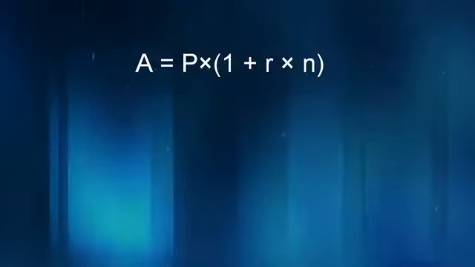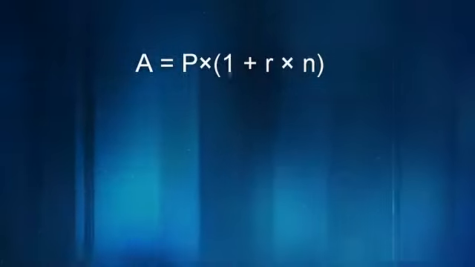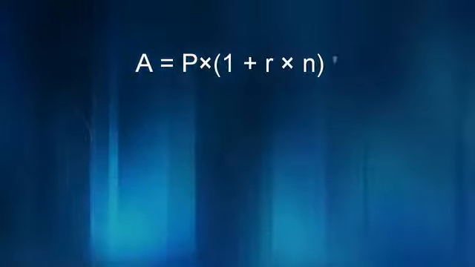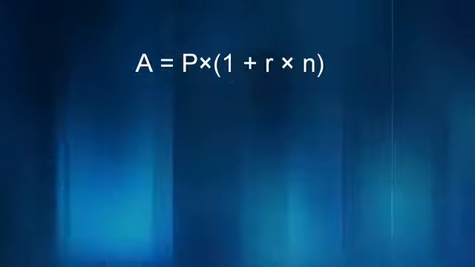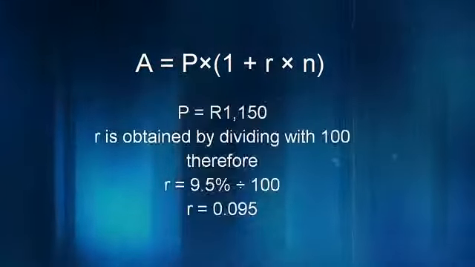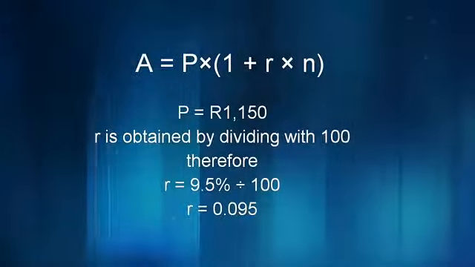Now, we're going to use the formula A equals P times (1 plus R times N). We substitute our principal value with 1,150 rands, and our interest rate we always divide by 100.